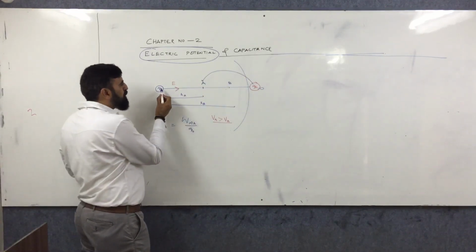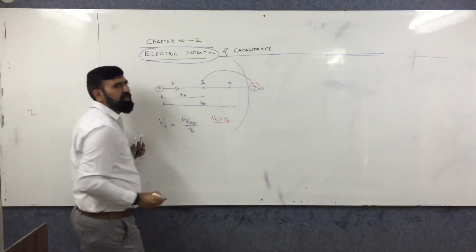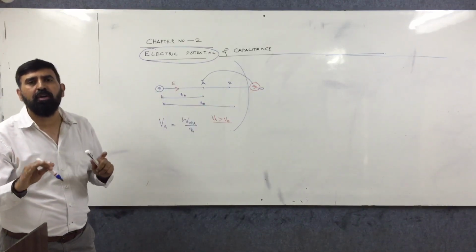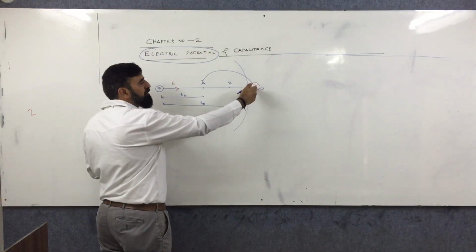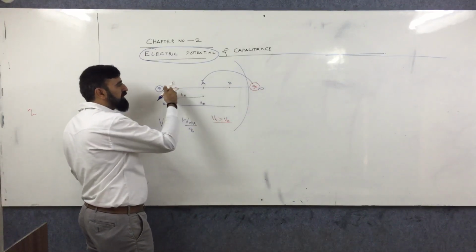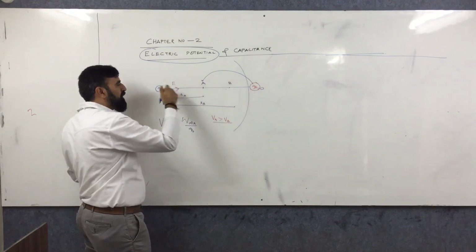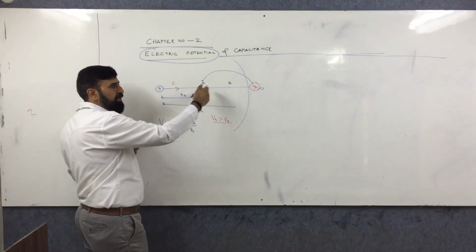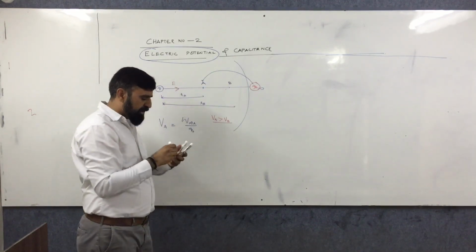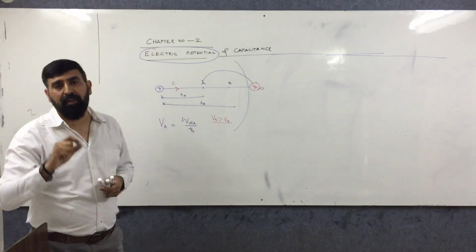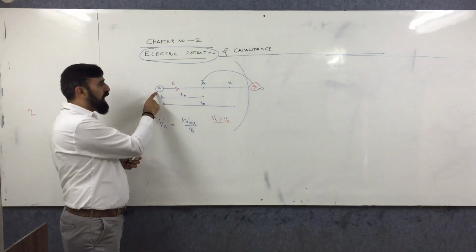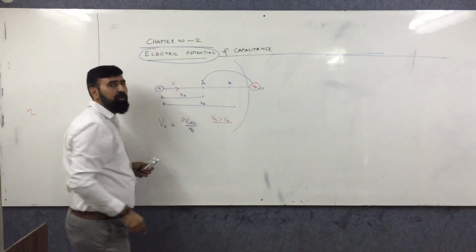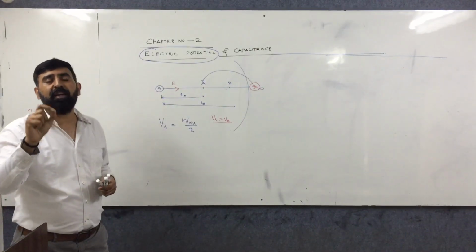As I move away from the charge, the electric field strength goes on reducing. Or I can take it this way: when I move a charge from infinity towards this given charge, the electric field strength goes on increasing. That means at different points, the value of electric field is different. Electric field is different means what? The force which this charge is going to exert on Q0 will be different at different points.